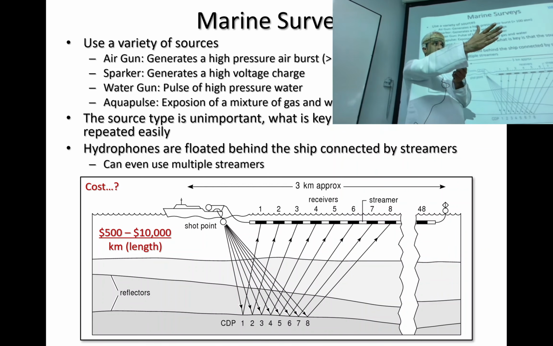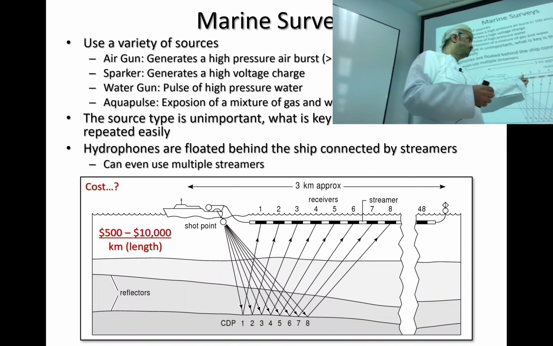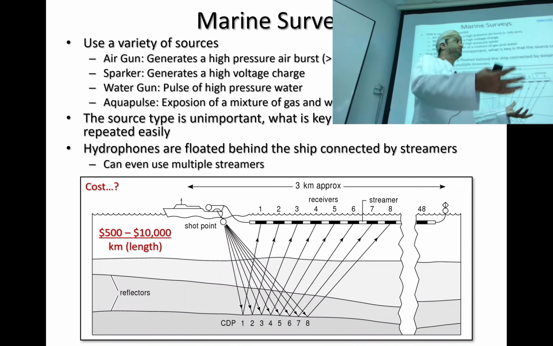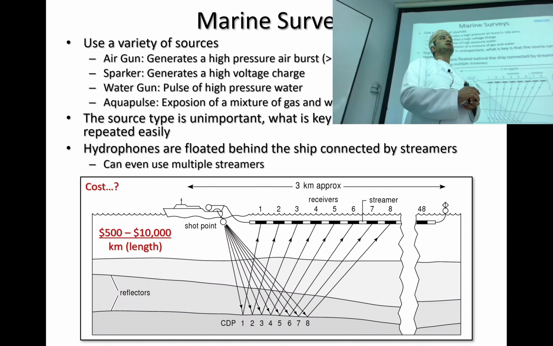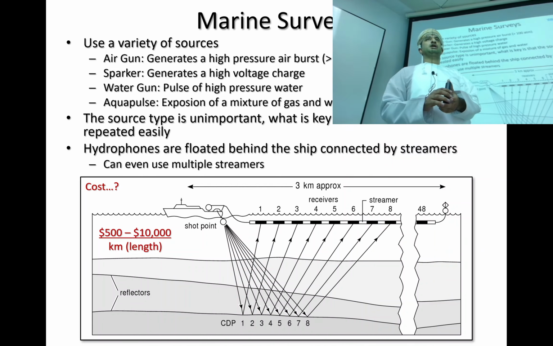So that's the acquisition configuration. It's way cheaper to acquire marine data than land data. What's the reason? The simple reason is that on land, we need a lot of labor, a lot of people to move the cables and the geophones. Whereas in marine, everything behind the vessel is doing everything, and we just start the acquisition.